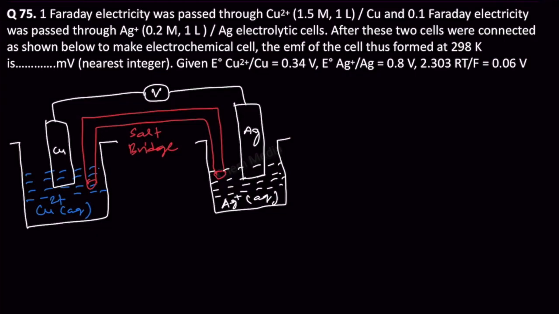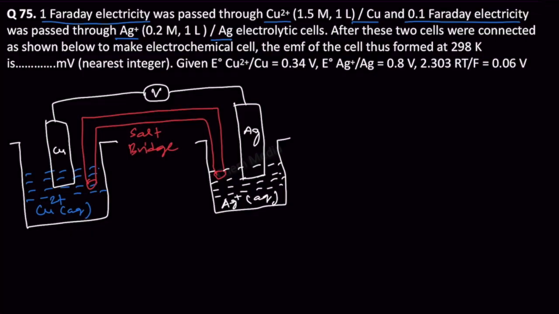Here is a question based on electroplating. 1 Faraday electricity was passed through Cu2 plus | Cu, where the concentration of Cu2 plus is 1.5 molar, and 0.1 Faraday electricity was passed through Ag plus | Ag, where the concentration of Ag plus is 0.2 molar, in electrolytic cells.